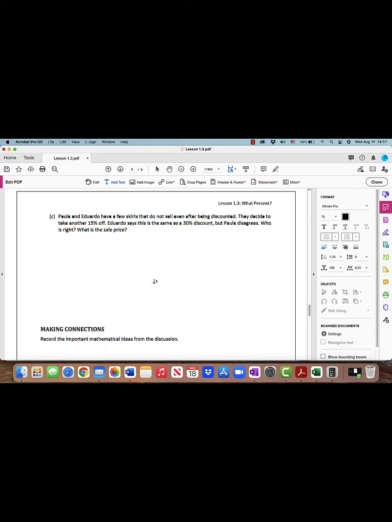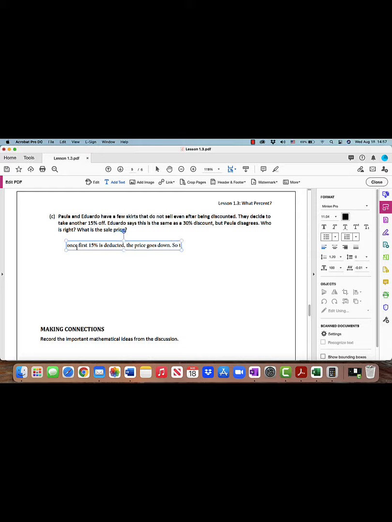And the second thing is, let's go ahead and look at the sale price. Alright, so first, the answer to the first question is taking 15% followed by another 15% is not the same as 30%. The reason, hopefully, I'll read your responses to see if your reasoning was right, is that once the first 15% is deducted, the price goes down.